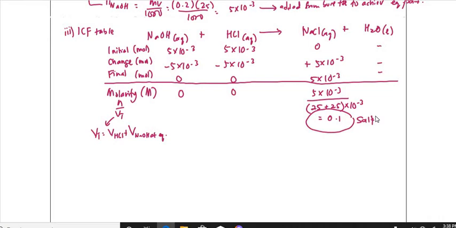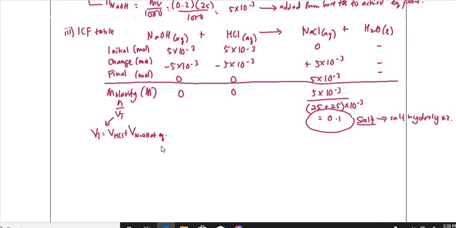So di sini, kalau kamu nampak yang berbaki pada row molarity hanya adalah salt, dia hanya ada value, bermaksud itulah yang berbaki. Bermaksud kita tak boleh guna if table sebab dia bukan strong. Okay, since dia adalah sejenis salt, that means kita kena refer kepada subtopik salt hydrolysis.